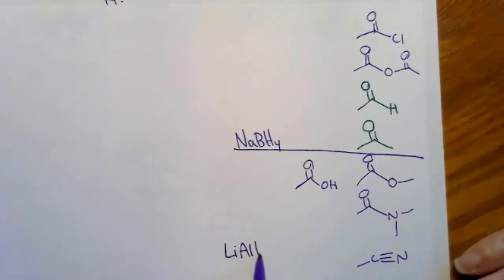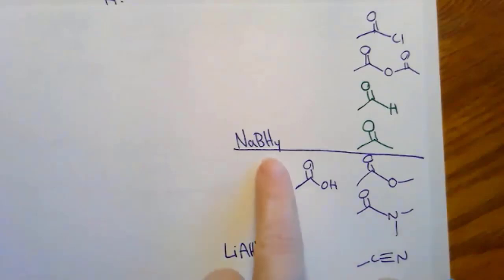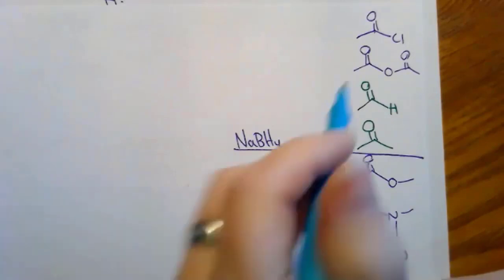Lithium aluminum hydride, LiAlH4, can reduce everything on the entire chart, nitriles and everything above. Well, sodium cyanoborohydride is weaker than sodium borohydride. Replacing one of the hydrogens with a cyanide causes it to be even weaker.